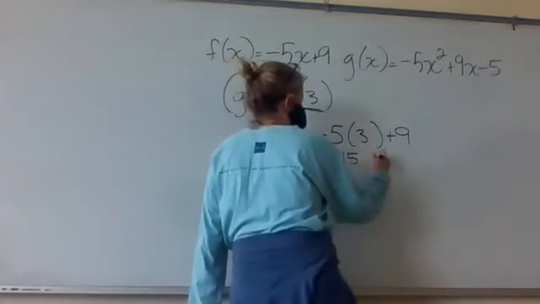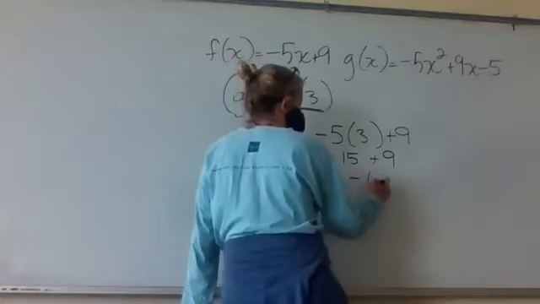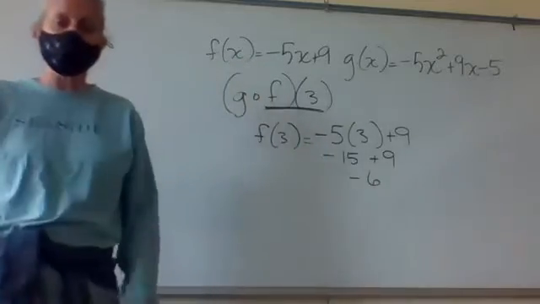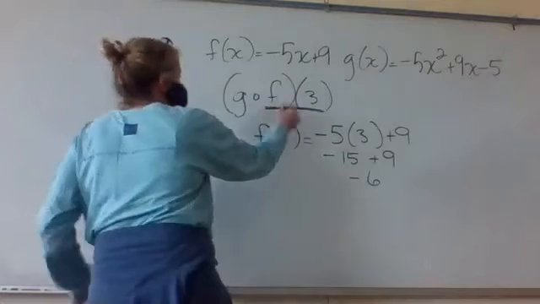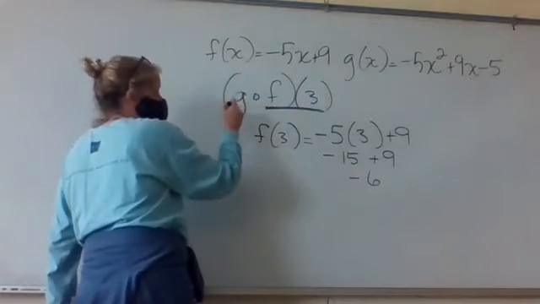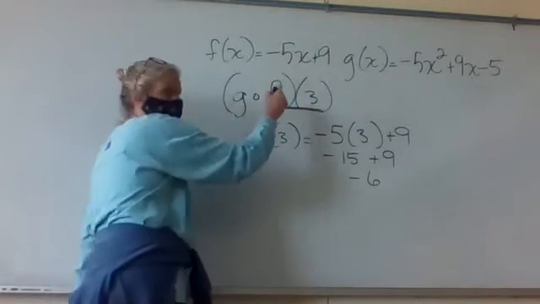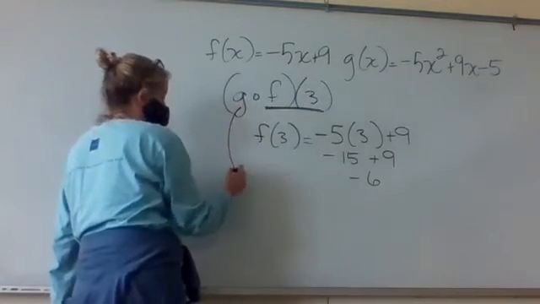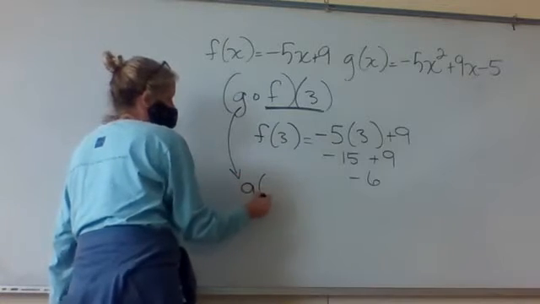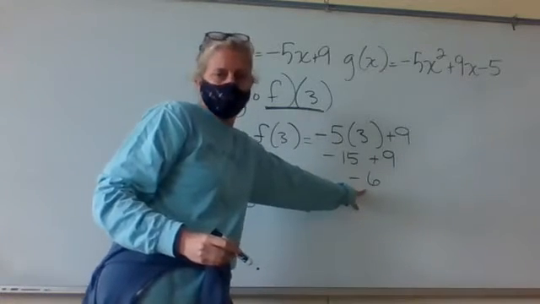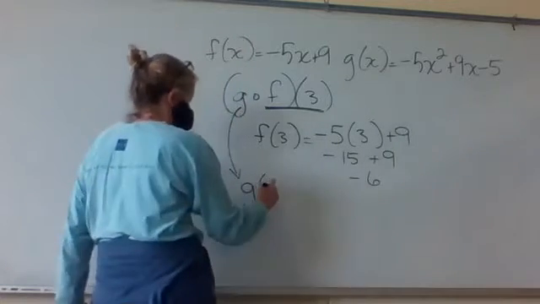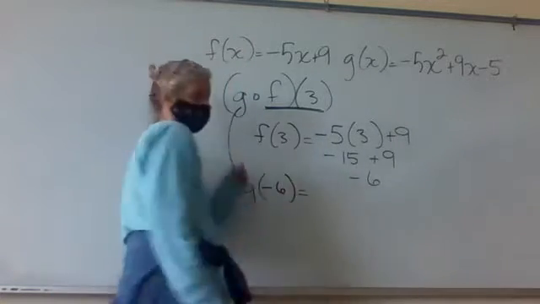So negative 15 plus 9, which gives me negative 6, and that's halfway there, right? I've only found f of 3. I need to find g of f of 3. So now I bring down the g, and I find g of whatever that last answer was. So I'm finding g of negative 6.